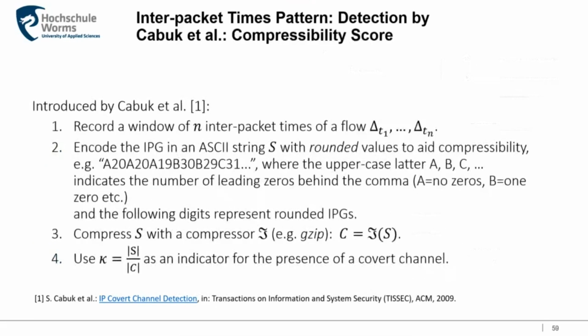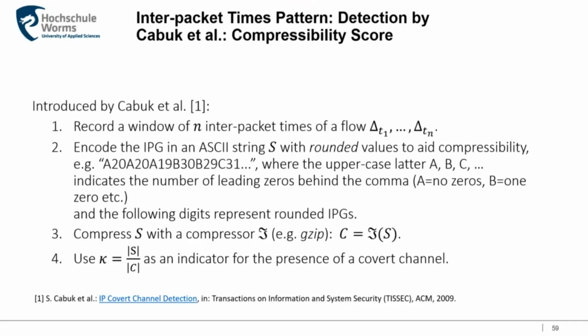And the other one is the compressibility score. You record the inter-arrival times, encode them into a string of rounded inter-arrival time values. You select a compressor and compress that, and the resulting kappa value indicates how compressible the information is.